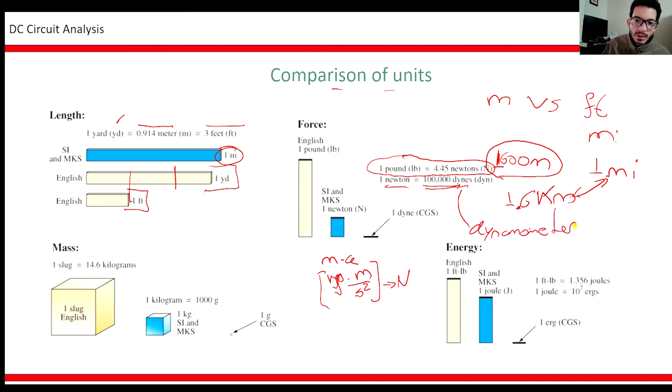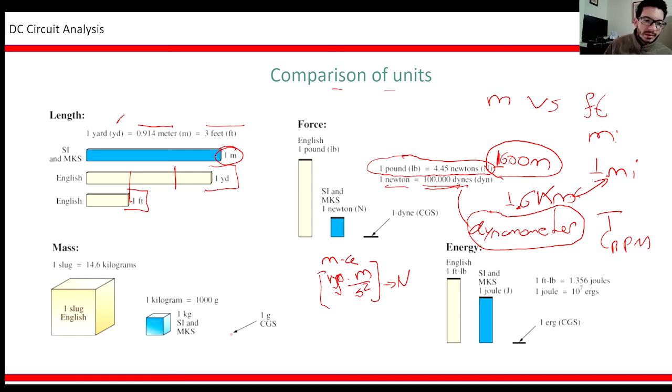The dynamometer is used to measure the RPMs in a car, because you can use force to find torque, and then you can find torque knowing the radius of the shaft to know your RPMs.